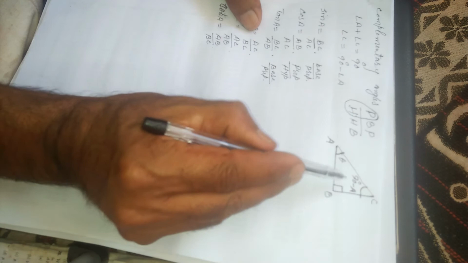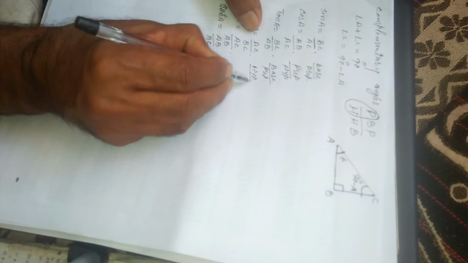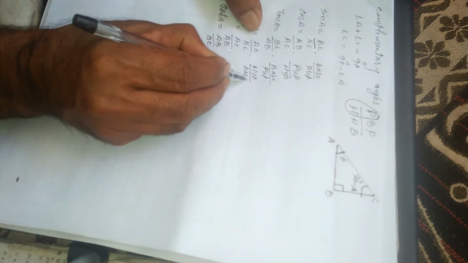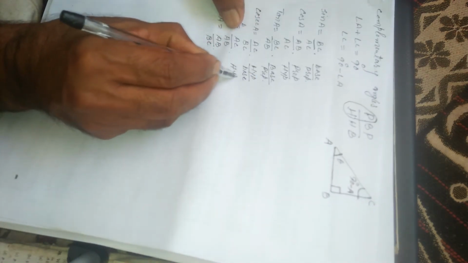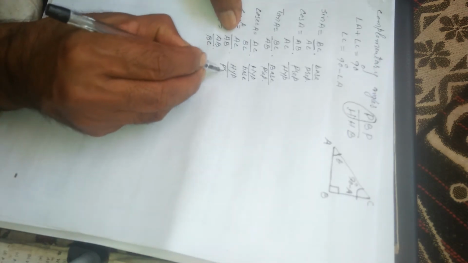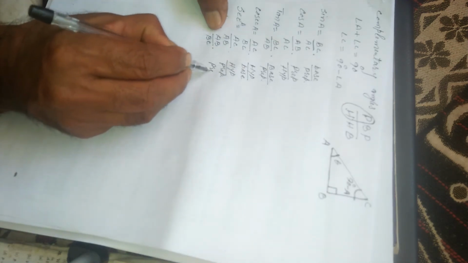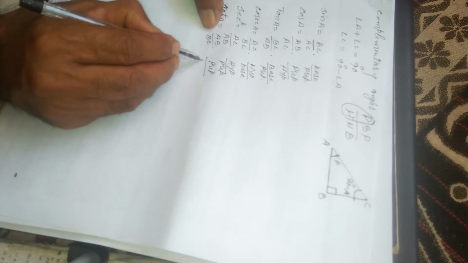AC for 90 degree minus A is hypotenuse upon BC the base. Again AC hypotenuse, and AB is perpendicular. For this, AB is perpendicular upon BC the base.